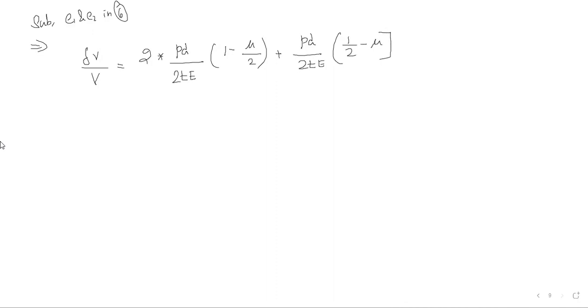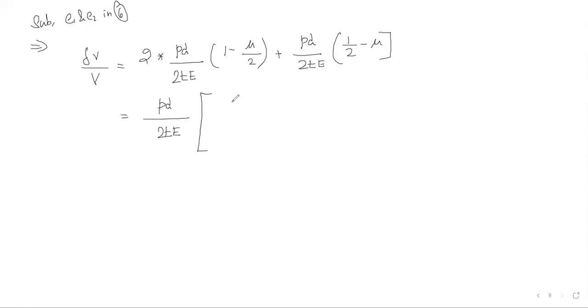So if I simplify this, PD divided by 2TE is the common term everywhere. So now I'm going to take it outside.